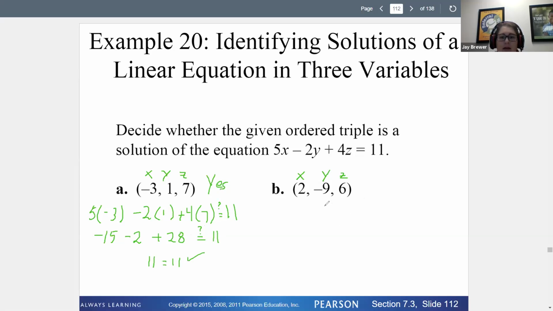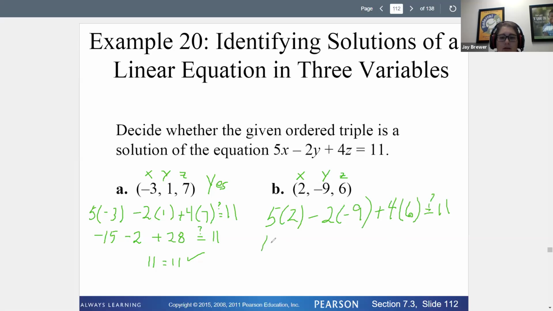Okay? Now, we can't just look at the other one and go, that's not going to work because A worked. We don't know. We have to plug it in and find out. So 5 times 2 minus 2 times -9 plus 4 times 6 equals 11 question mark.